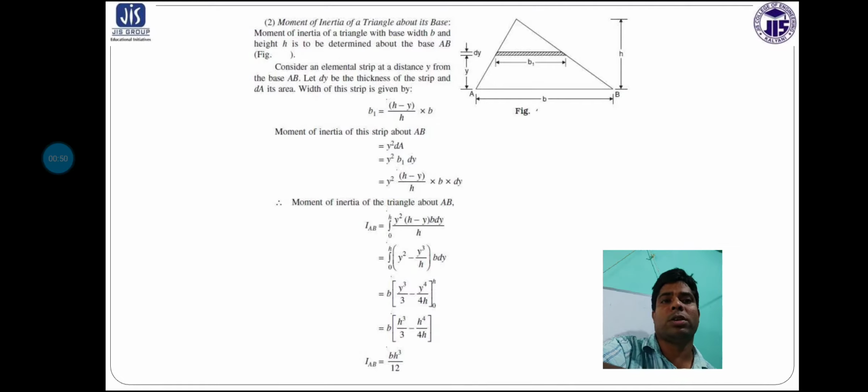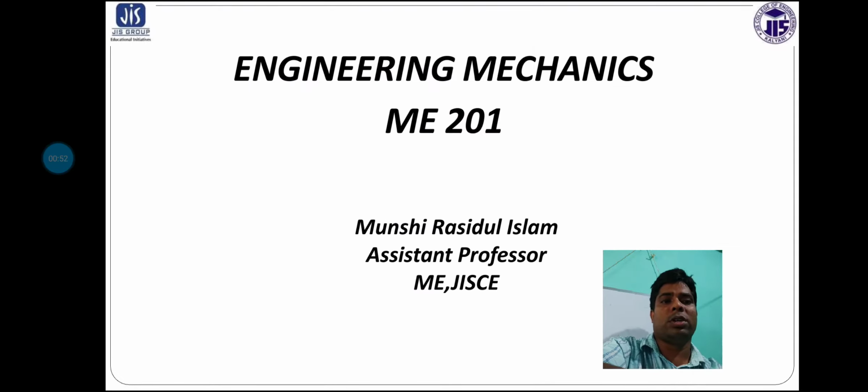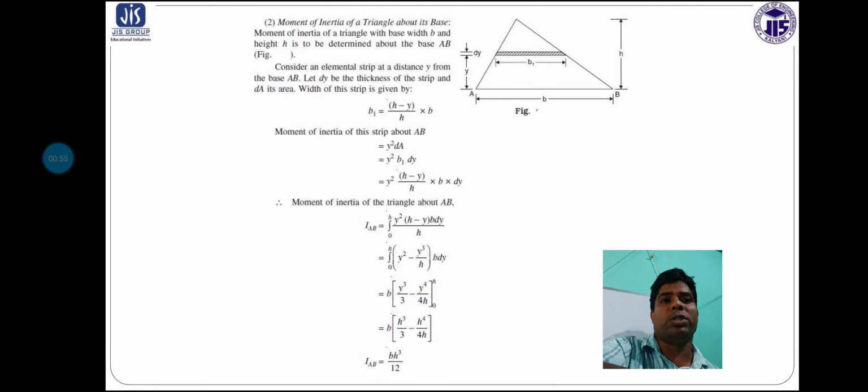So now we can start with the moment of inertia of a triangular section with base. If you see the figure, a triangle ABC, a small elemental strip can be considered here, with breadth b1 and depth small dy.